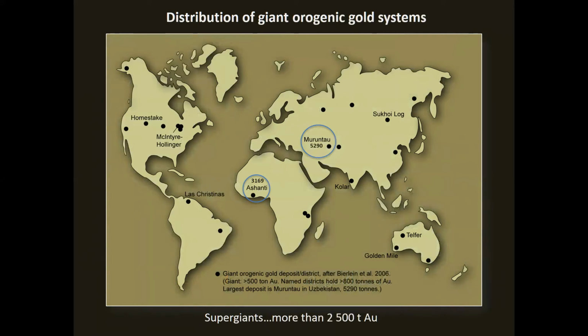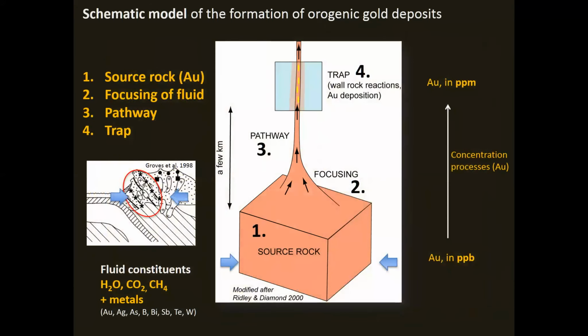And then there are a couple which are extremely large, with Muruntau being the absolute number one, with over 5,000 tons of gold, which is the single largest orogenic gold deposit known on Earth. And these are so-called supergiant deposits, which have more than 2,500 tons of gold.